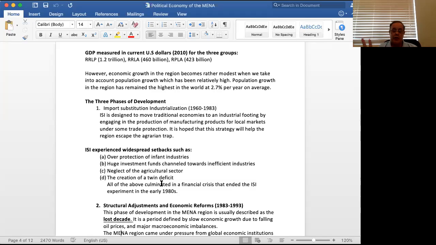When you have this twin deficits, that's going to cause financial difficulties for the countries concerned, and that's exactly what happened. So all of these obviously culminated in a financial crisis that ended the ISI experience in the early 80s. So you had this ISI experience starting from 1960 to about 1983, 84, 85, somewhere around there.